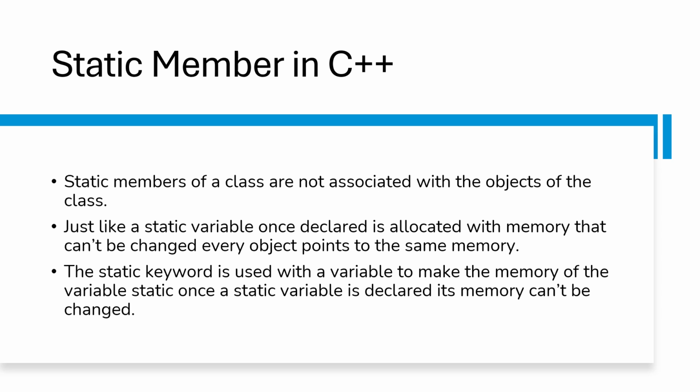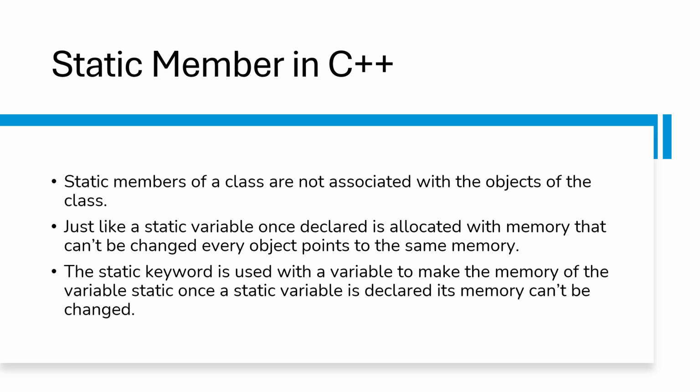Normally if we declare any variables in a class, we access those variables and functions by creating an object. We create an object by using the class name. As soon as we create an object, memory space is allocated to every object.